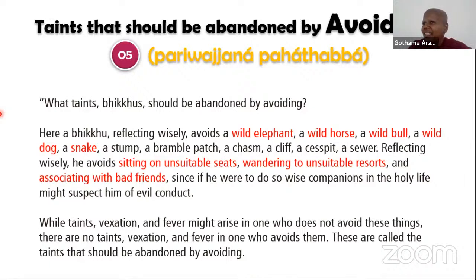But we know it's a wild elephant. Are we going to go and cuddle that elephant? No. When you walk on the road, you see a dog, the type of dog that you like. But are you going to pet that dog? No, because you don't know. We have to avoid ourselves from these unnecessary troubles. This talks about unnecessary troubles.